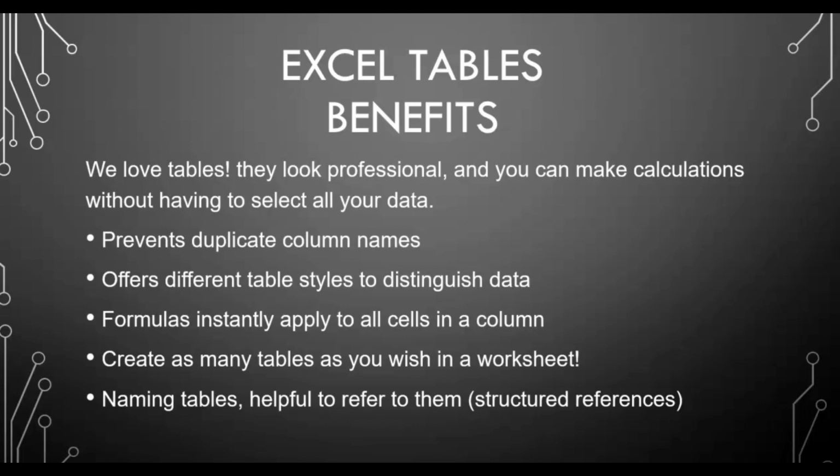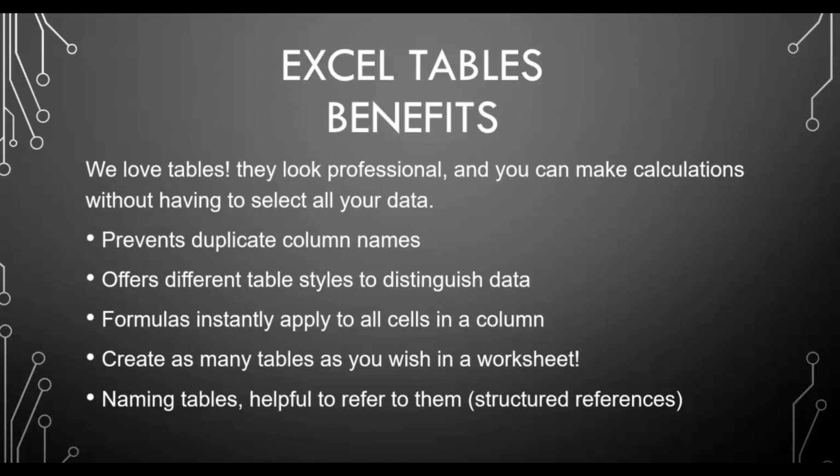It prevents duplicate columns and offers different table styles. And then formulas are instantly applied to all the cells in a column. You can also create many tables in the same worksheet. And you can name them and then refer back to them, which we'll discuss in another tutorial.